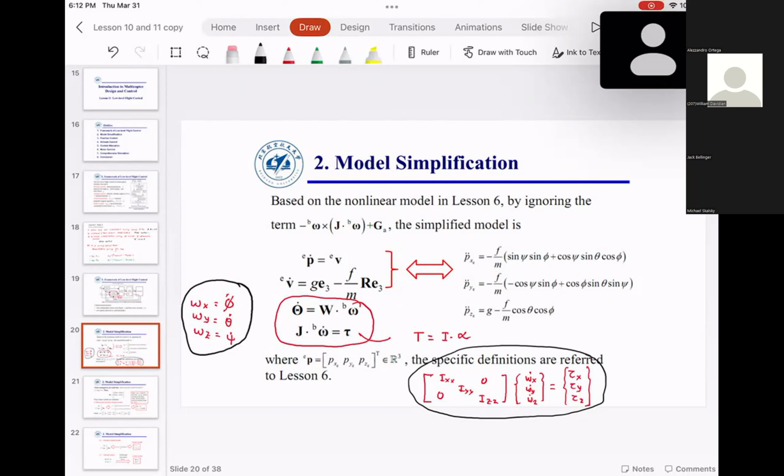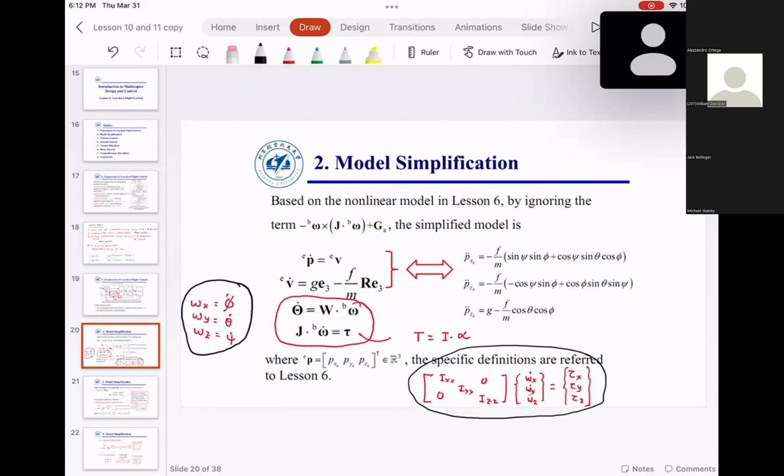So here is what's going to happen. If you look at the acceleration in the x direction and the acceleration in the y direction, both of these will have some type of coupling between the roll and the yaw. And I want you to understand this very important concept.